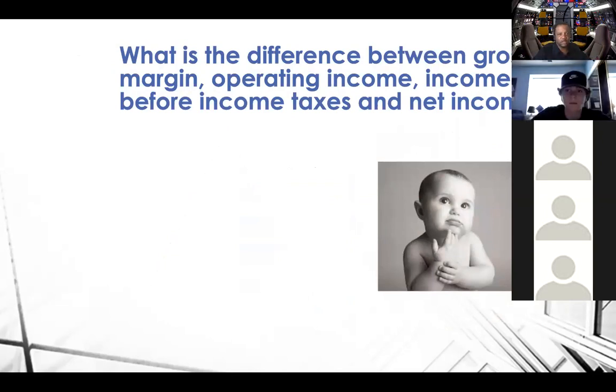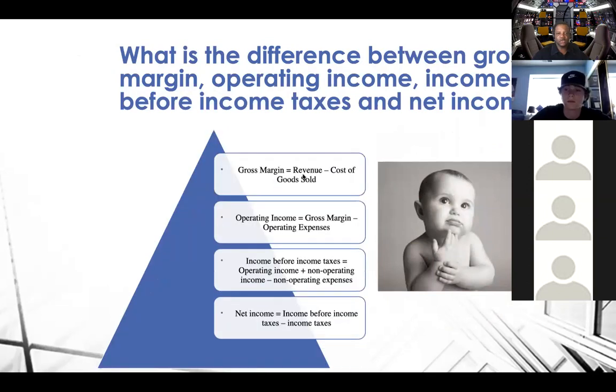So we can have your gross margin, which is your revenue less your cost of goods sold. You can have your operating income, which is your gross margin less your operating expenses. And then you can have your income before income taxes, which would be your operating income plus any non-operating income minus any non-operating expenses.